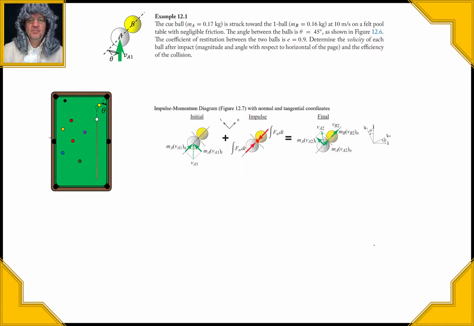We want to draw the impulse and momentum diagram of this scenario, so that you can see there's 45 degrees. We're going to break down the initial velocity into components at 45 degrees, and we're going to be looking for the velocities in the normal direction after the fact.